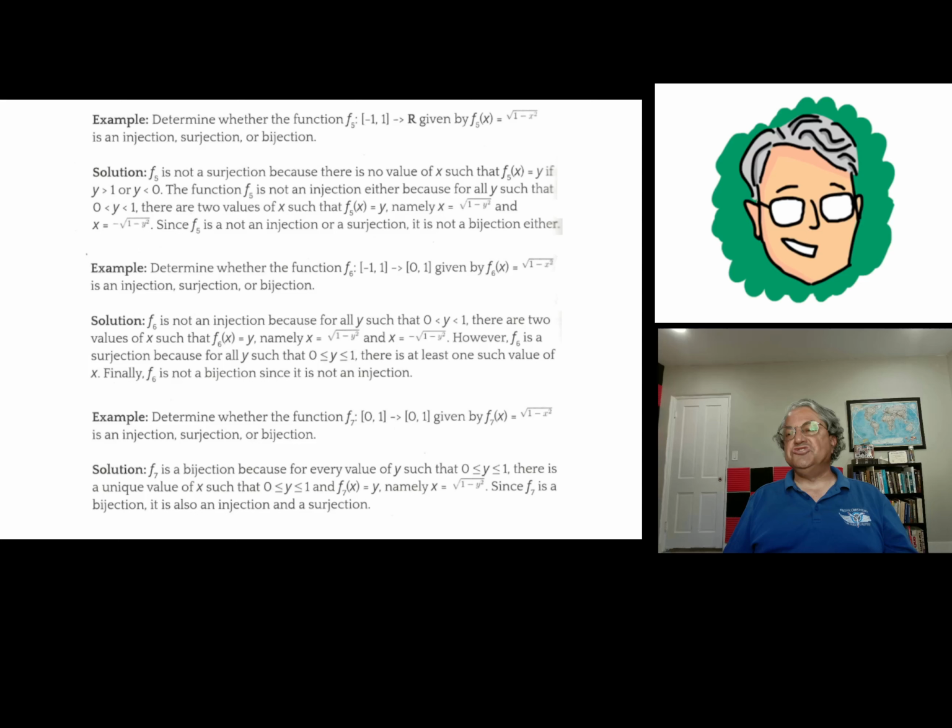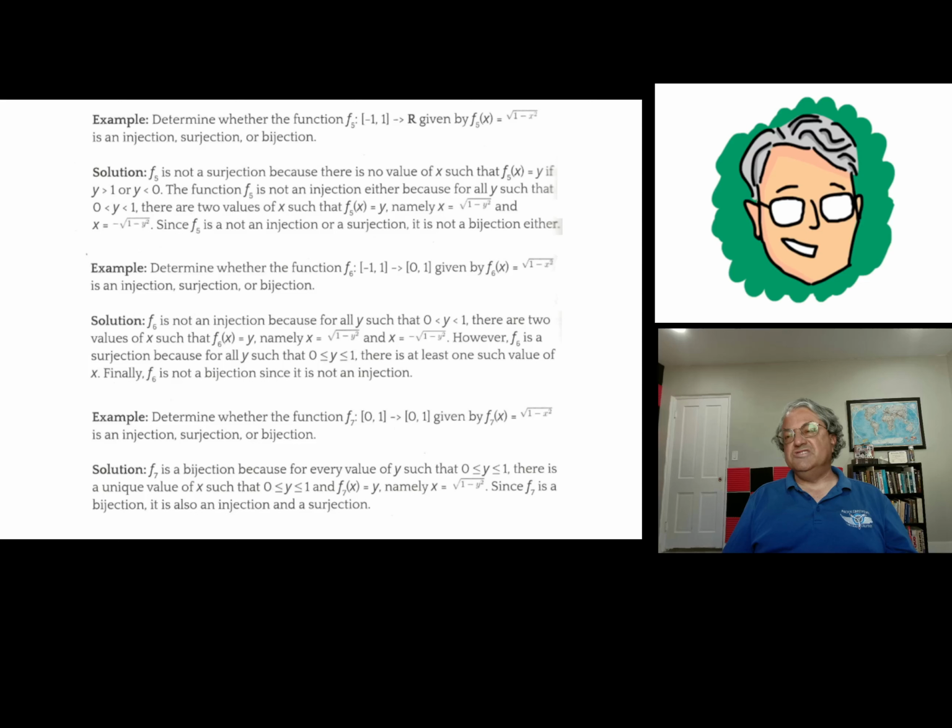Is it a surjection? Well, no, it's not a surjection either, because our range was the whole set of real numbers, and I think it's pretty easy to see that the values of y you're going to get from this function are all strictly between 0 and 1, which is definitely not all the real numbers. So it's not a surjection either, therefore it's not a bijection.